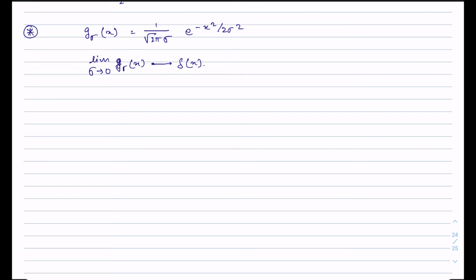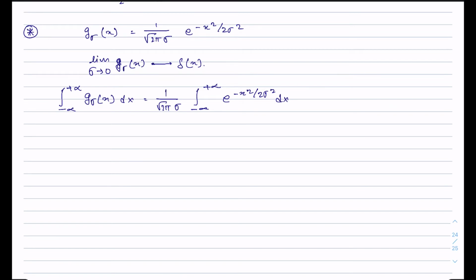But to check this, you also need to check that the area under this Gaussian function is unity. So the area under g_sigma(x) will be the integral from minus infinity to plus infinity of g_sigma(x) dx, which equals 1 over root 2 pi sigma times the integral of e to the power minus x squared over 2 sigma squared.